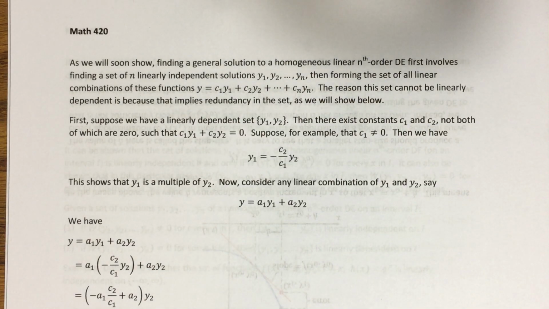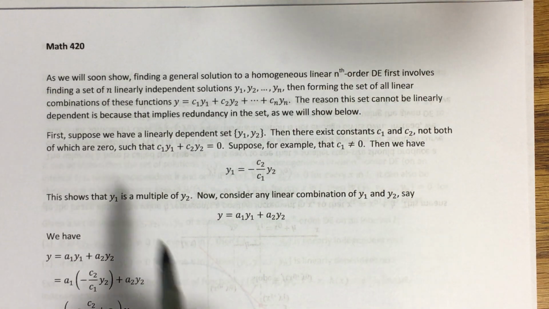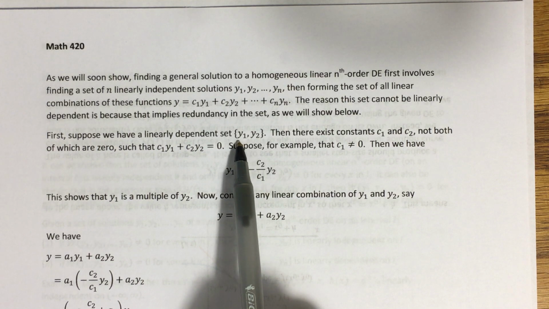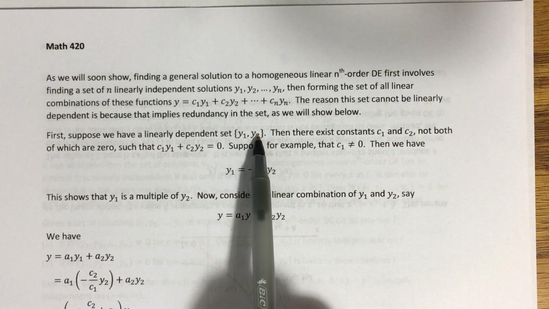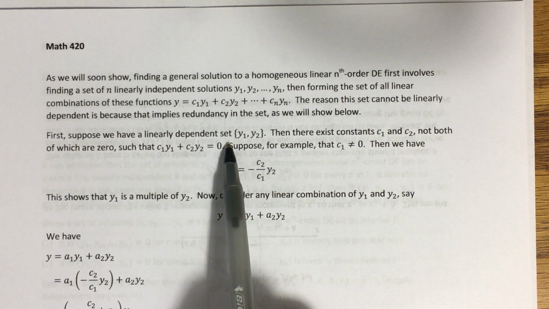Now, what is the relevance of linear independence in this case? Well, if the set was linearly dependent, it turns out that that implies redundancy in our set. And here's what I mean when I say redundancy. Let's suppose, to begin with, we have a set of two functions, y1 and y2, and let's assume that those functions are linearly dependent.